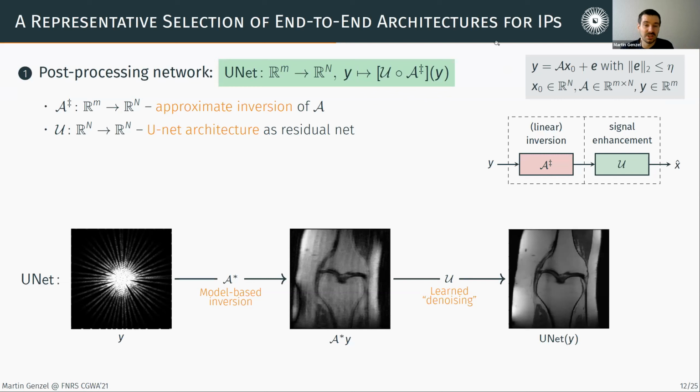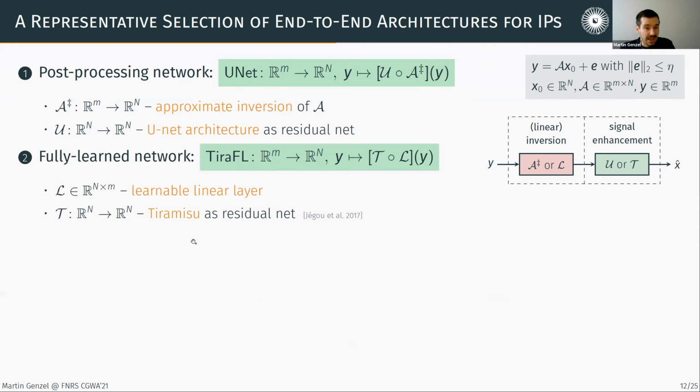The one that you see here on the screen now, you already saw before, it's just this post-processing approach. It's actually the most simple thing that you can think of. It's this two-step procedure, and here we really use this U-Net as the computational backbone. So that's the component that is learned in the neural network. Of course, you can extend this.